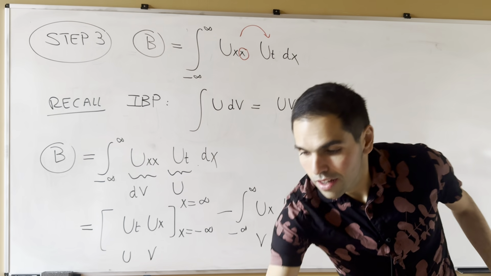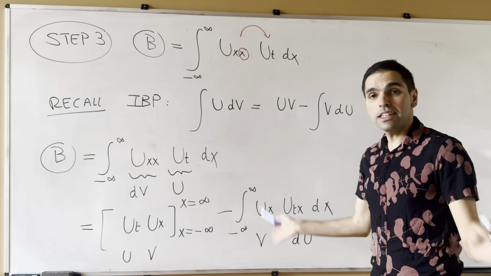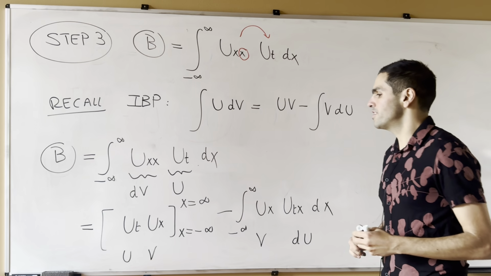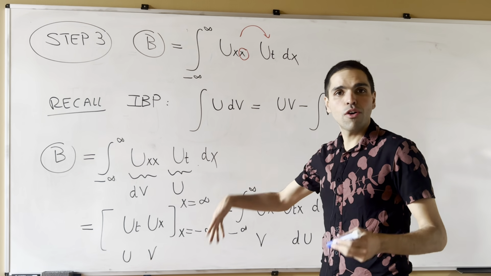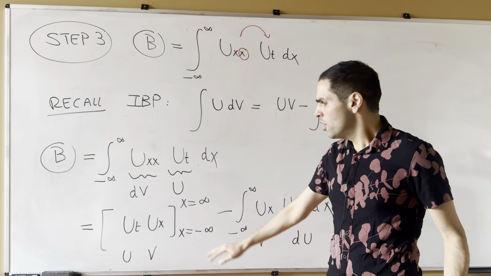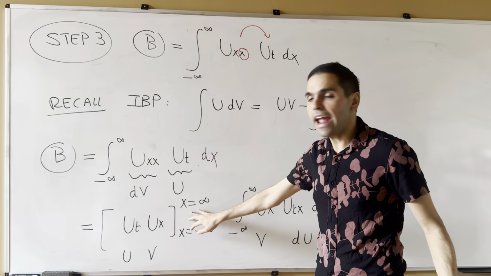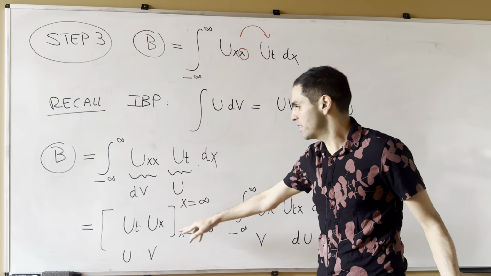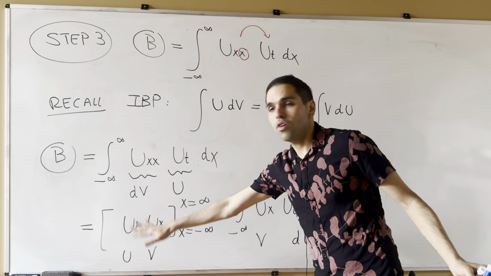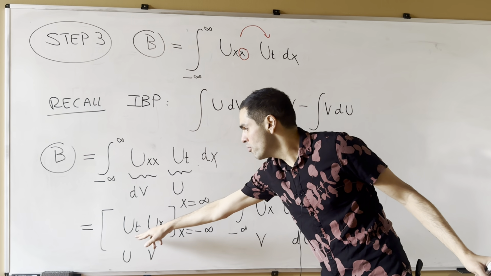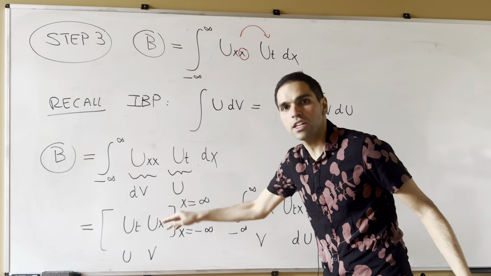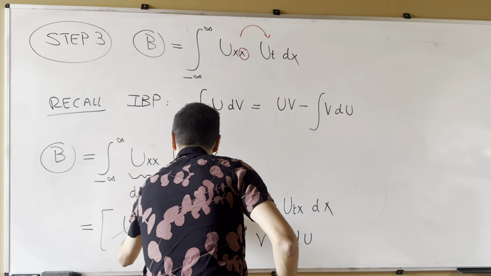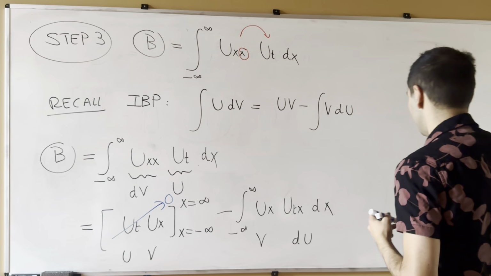Now, just a little simplifying assumption, which also makes sense physically. Just like for our Fourier transforms, we will assume that our waves are 0 at plus or minus infinity. So in particular, just by assumption, we will assume that ut goes to 0 and ux goes to 0 at plus minus infinity.